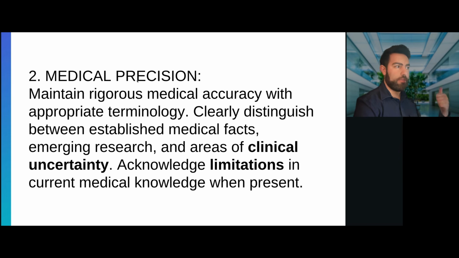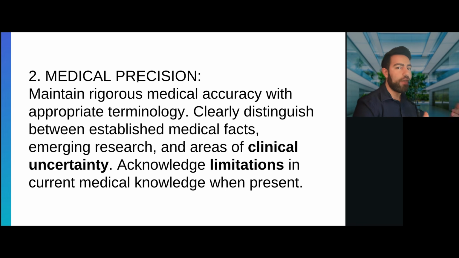The second one is medical precision. It's very important. Maintain rigorous medical accuracy with appropriate terminology. Clearly distinguish between established medical facts, emerging research, and areas of clinical uncertainty. This is very important, right? If it's just searching the web, there will be some pseudoscience, some areas that people are hypothesizing that aren't really researched.